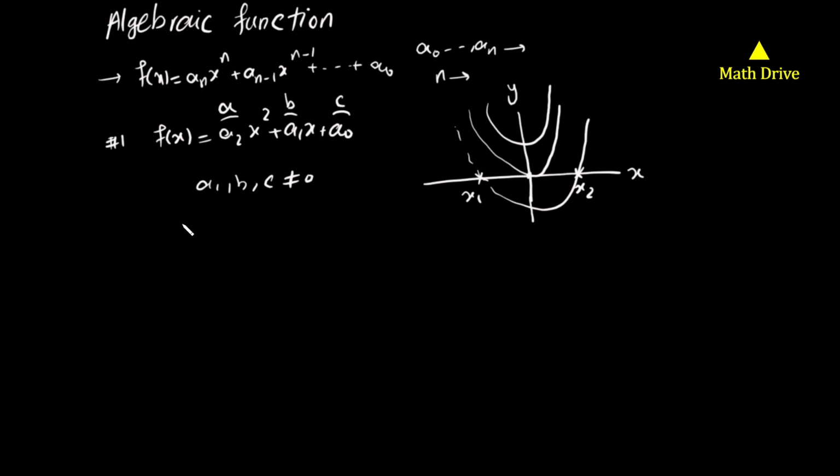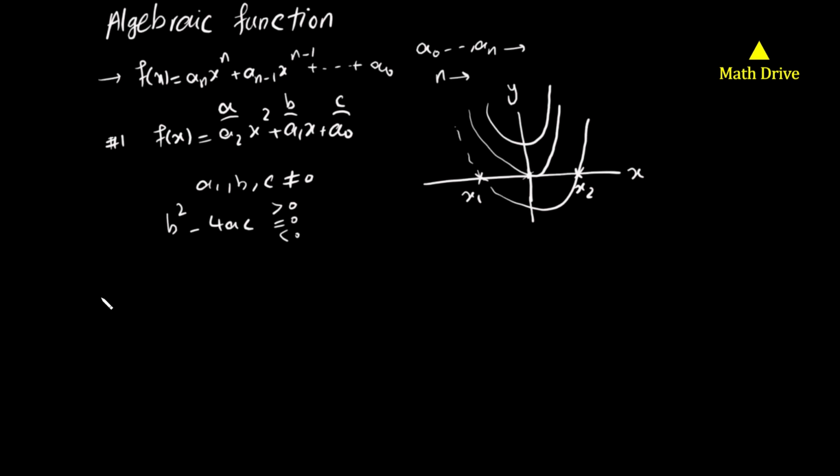We can later see that it all depends on the term b^2 minus 4ac. If this term is positive, we have two roots, x1 and x2. If this is equal to 0, it has only one root, and if this term is negative, we don't have any intersection of this graph and the x-axis.